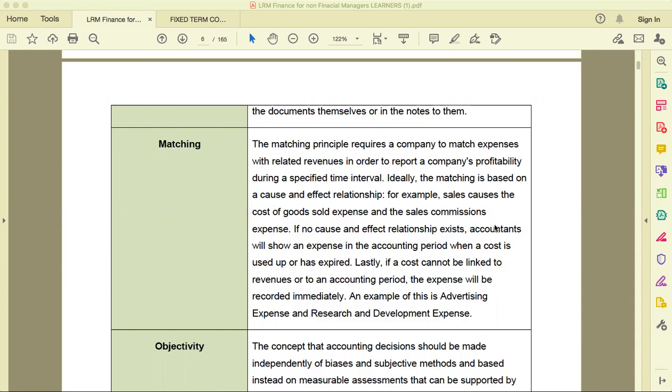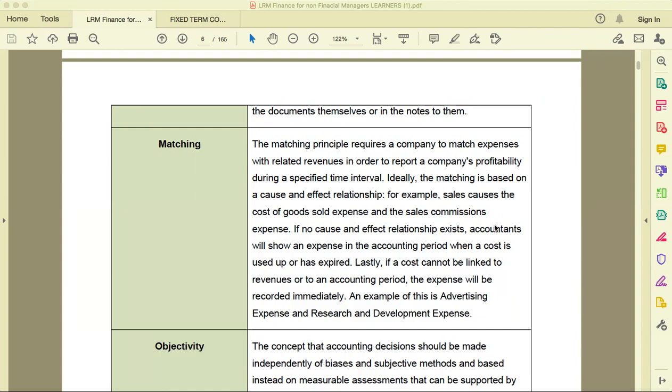So I sell ice creams, but I need to buy sugar, I need to buy milk, I need to buy the machinery and the labor to make the ice cream. And so for the money coming in, we got to link it and match it to the money going out. And that gives us a better understanding of how our financials work.